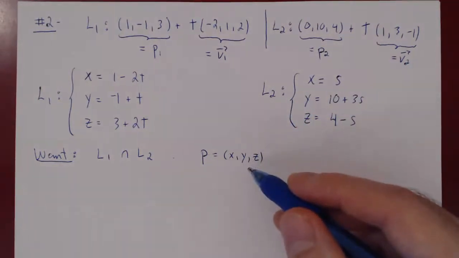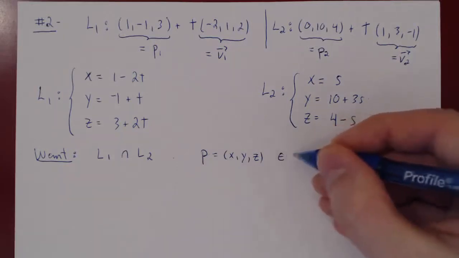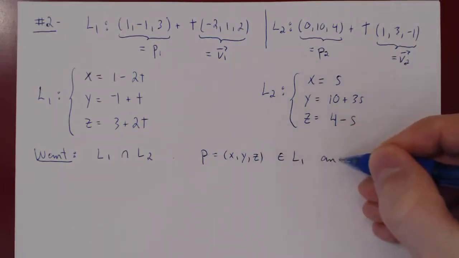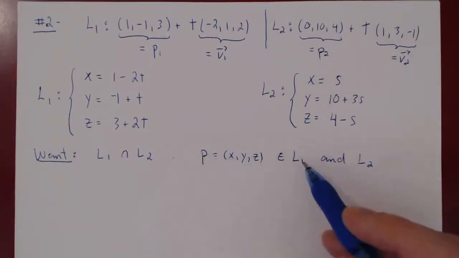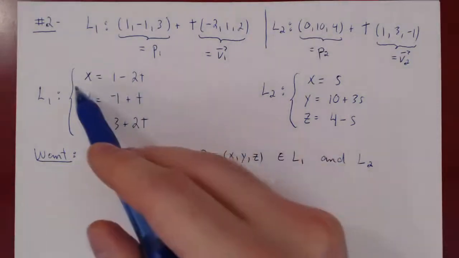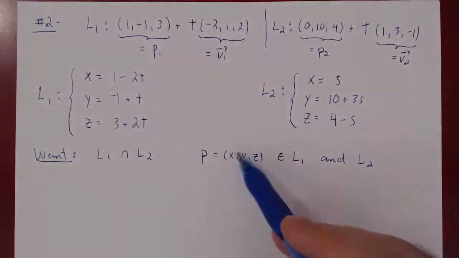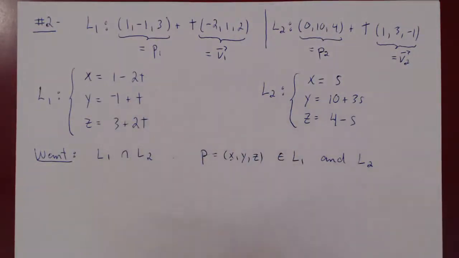Again, these are unknowns. We don't know what the coordinates are of our point yet, but this point must belong to line 1 and simultaneously line 2. Well, now think of it. If this point is on line 1, there has to be a value of t that will give you x equals this, y equals this, and z equals this.